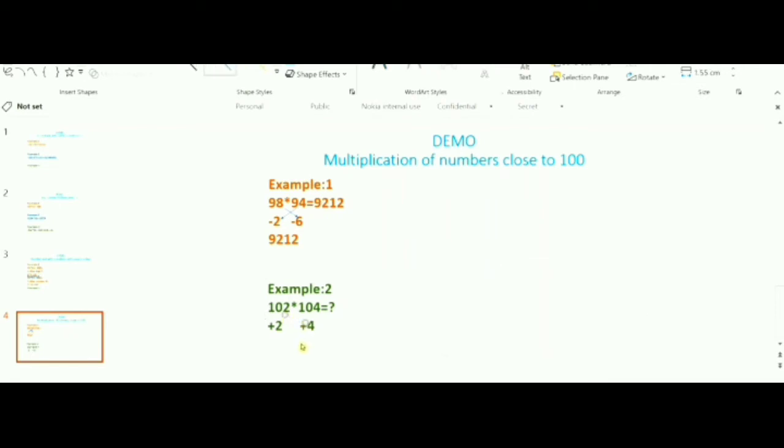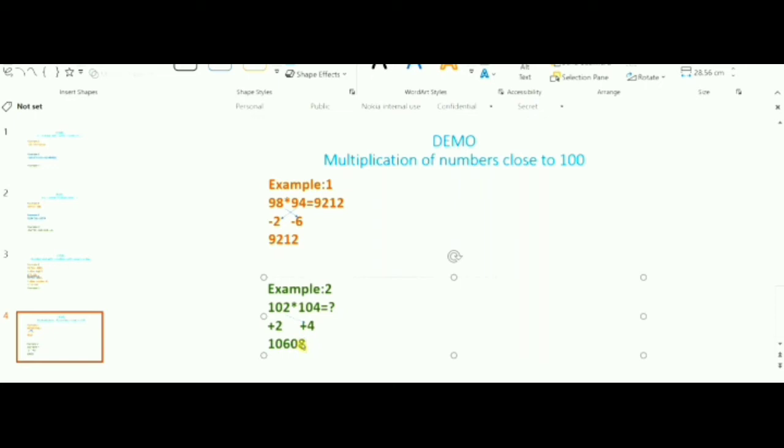You can go like this, or like that. Suppose I am going like this, 102 plus 4 is 106, or you can do 104 plus 2, 106. After that you have to multiply these two numbers. 2 into 4, what is the answer? 8. But you cannot write 8, you write 08.